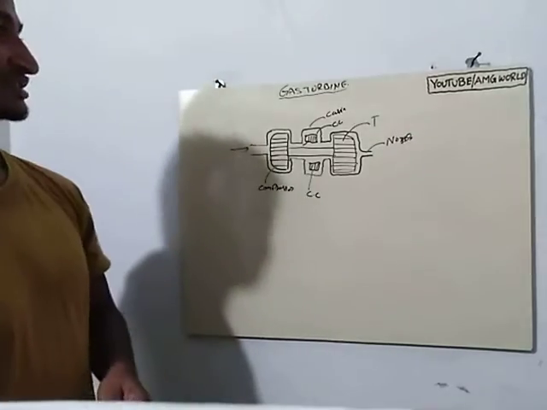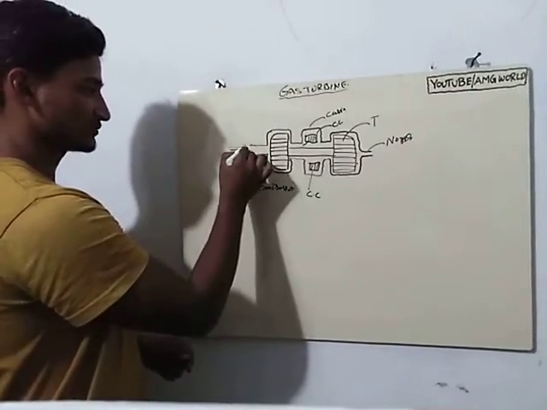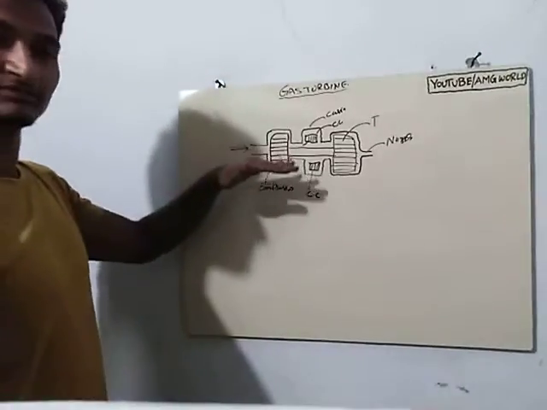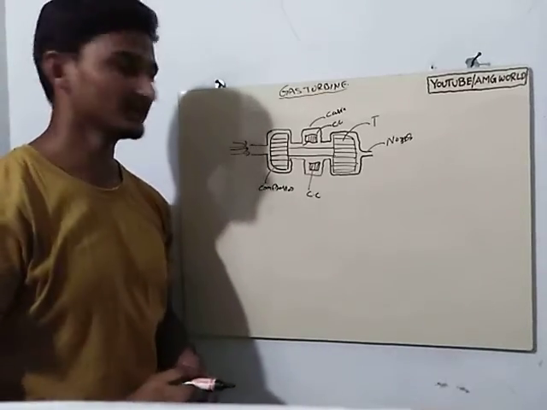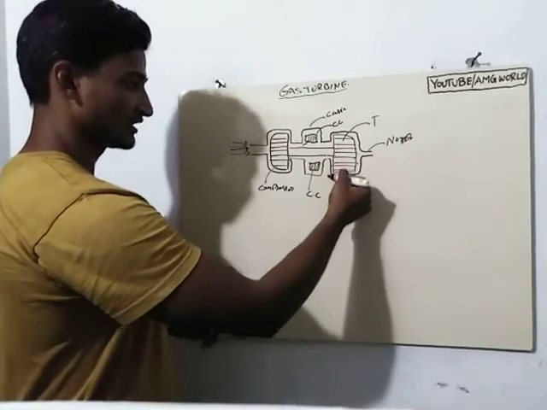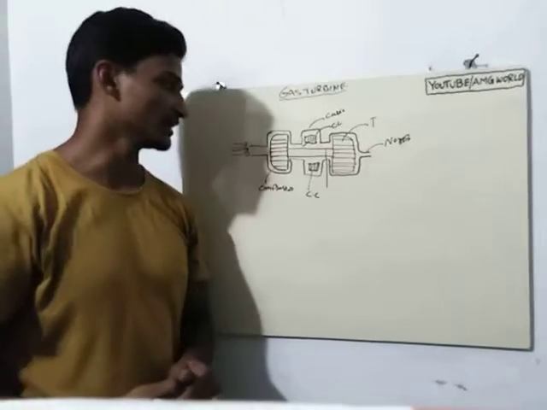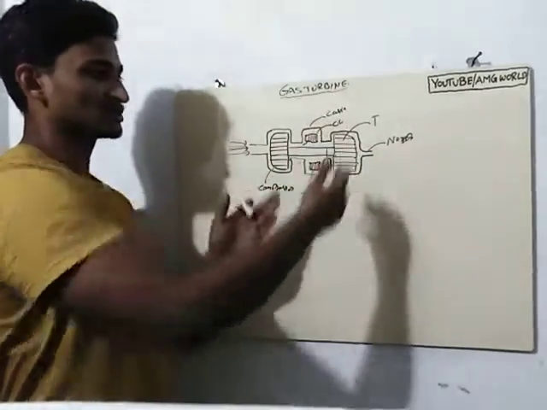So how does it function? What happens here? This is the port, the opening, and in this direction the air is going to be admitted, when this shaft is connected with a prime mover, which may be a motor, which rotates this complete section.